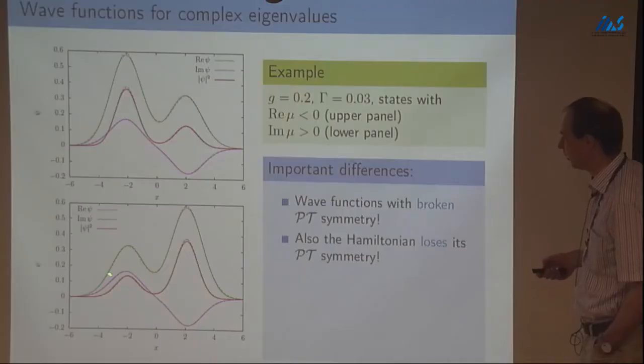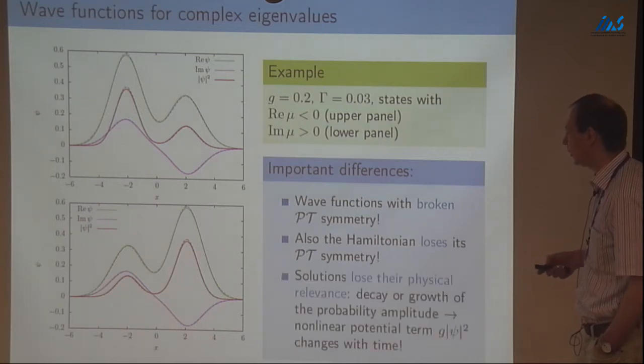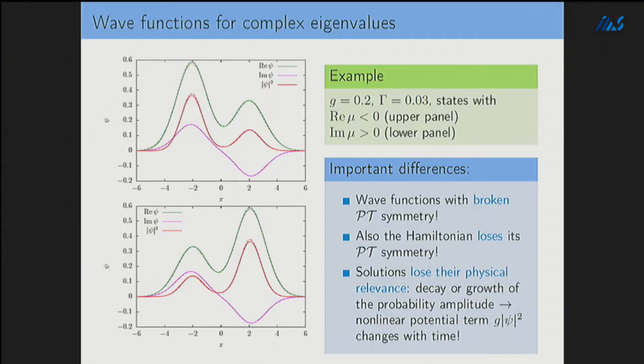The same is true for the other state, and this shows in this case, if we consider this nonlinearity to belong to the Hamiltonian, that the PT-symmetry of the Hamiltonian is destroyed, so we have no PT-symmetry at all, or only of the linear potential, which of course remains in the system.